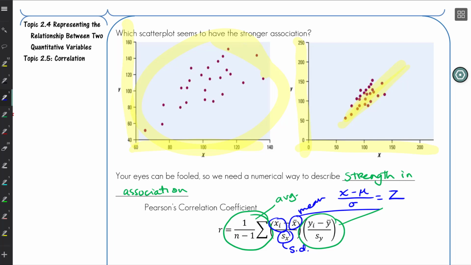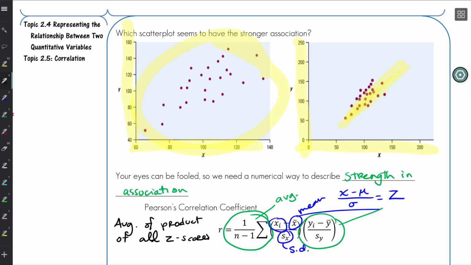So it's the average of the product of two z-scores. It's a z-score for x and y, and we are multiplying all of them. So it's the average of the product of your z-scores for every individual, the x z-score and the y z-score.